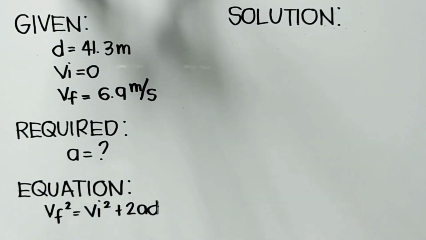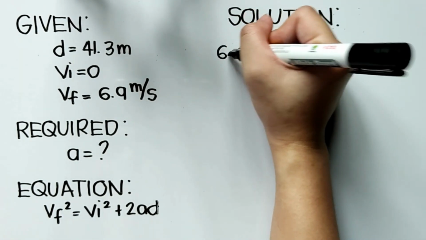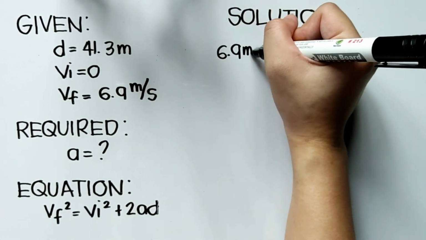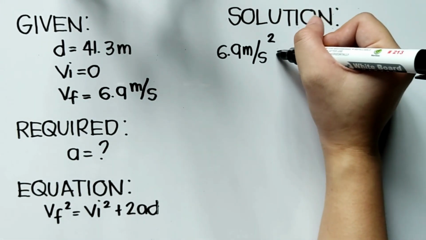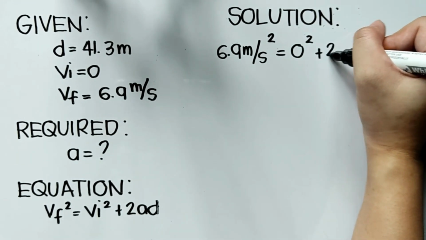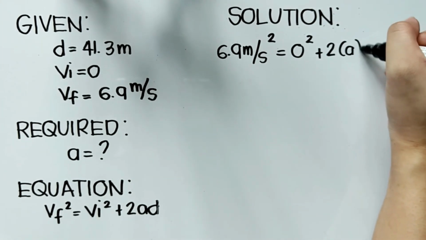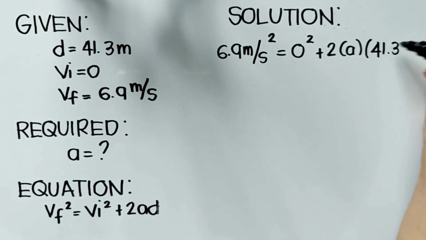After this, we will substitute the given values in the equation. We have (6.9 meters per second)² equal to 0 squared plus 2 multiplied by the acceleration and the distance, which is 41.3 meters.